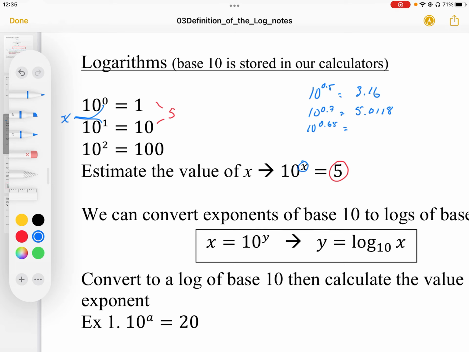We end up with 4.668. Okay, and we can keep guessing. We know we're somewhere between a little bit less than 0.7 and bigger than 0.65. So we can just keep on guessing, and we can keep guessing to get any desired accuracy.